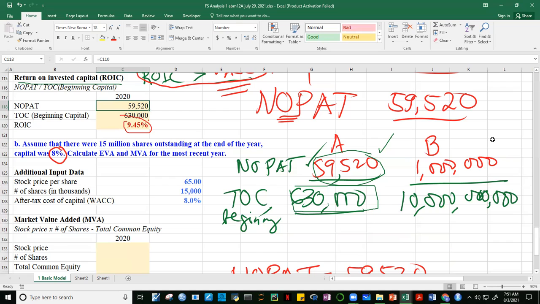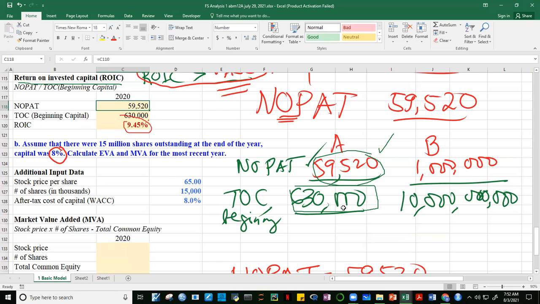For purposes of highlighting this example, guys, yes, the NOPAT was 1 million. But if the total operating capital was 10 billion, diba? So that's a very, very small percentage lang of ROIC. While company A had an ROIC.